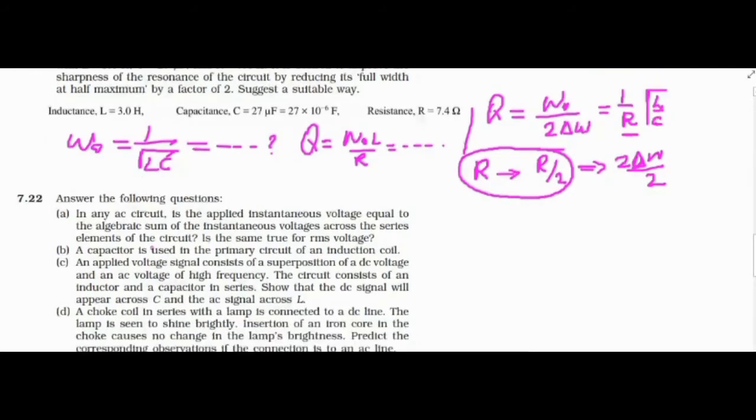Then come to question 22. In any AC circuit, is the applied instantaneous voltage equal to the algebraic sum of instantaneous voltages across the series elements of the circuit? Is the same true for RMS value? Okay, instantaneous values.